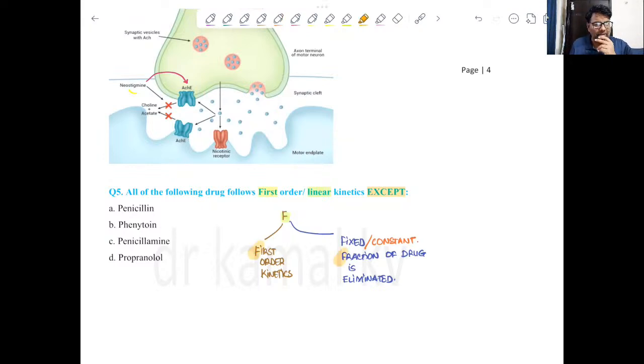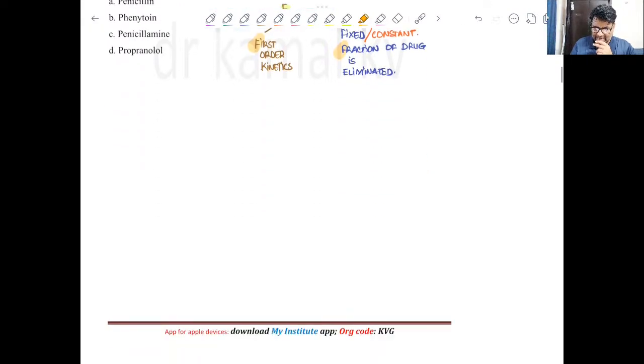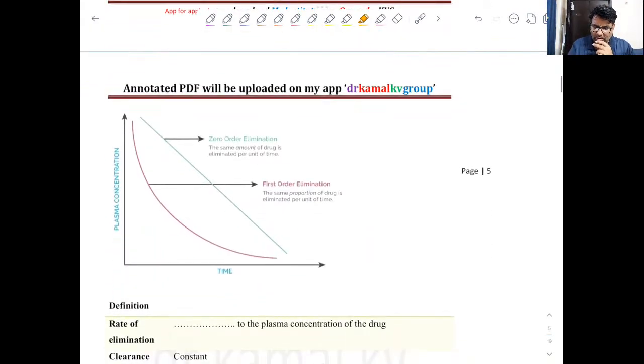So remember that way. Okay, so now let us take the graph first. Now this is the first order kinetics or first order elimination of the drug, and here a constant fraction or a constant proportion of the drug is eliminated per unit of time.